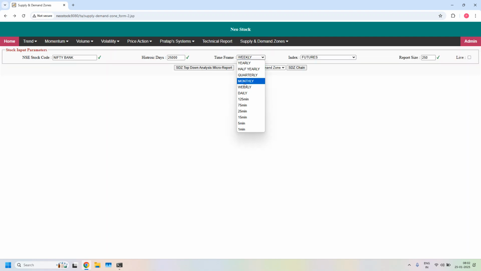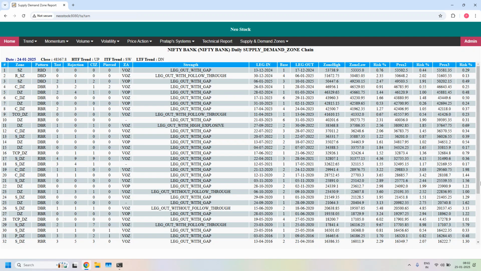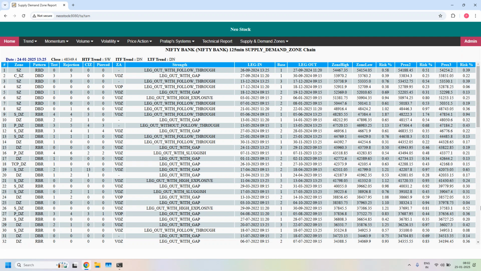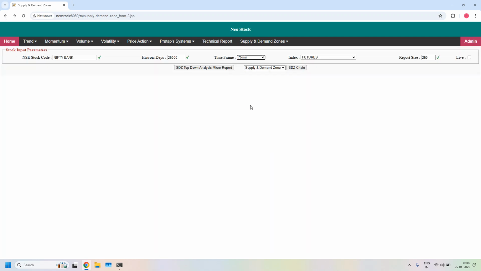Next, daily supply demand zone chain for Bank Nifty. Next, 125-minute supply demand zone chain for Bank Nifty. Next, 75-minute supply demand zone chain for Bank Nifty.